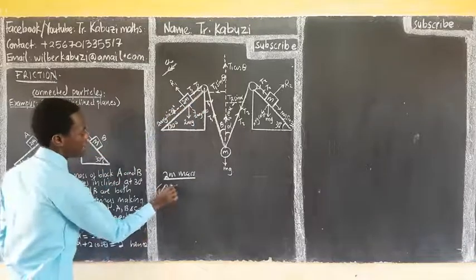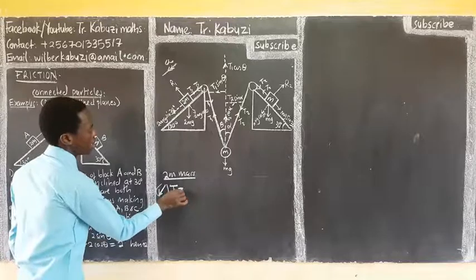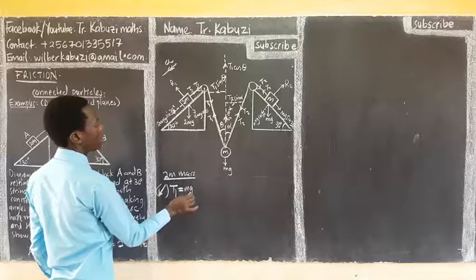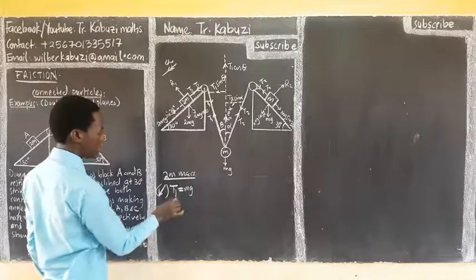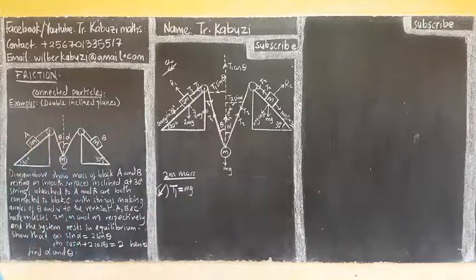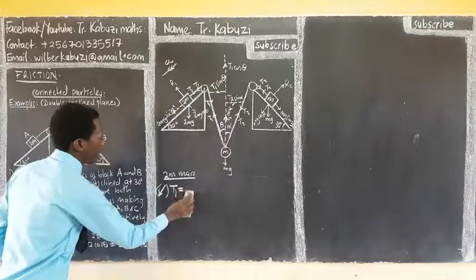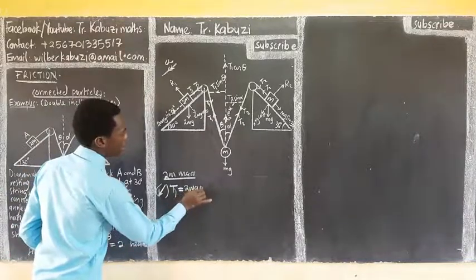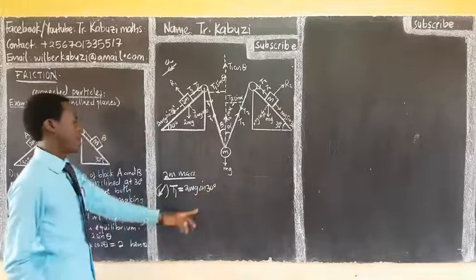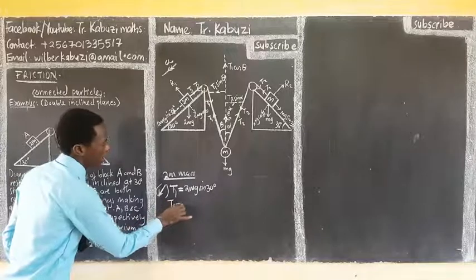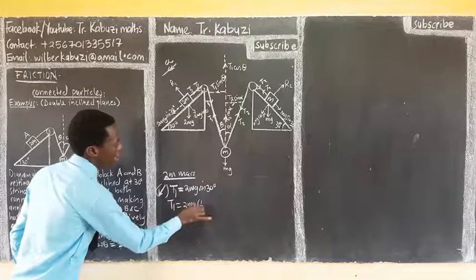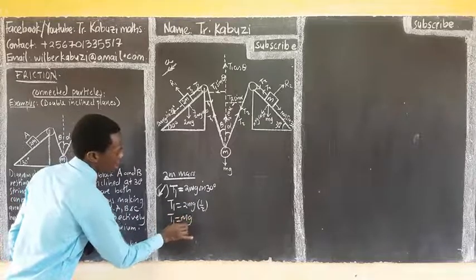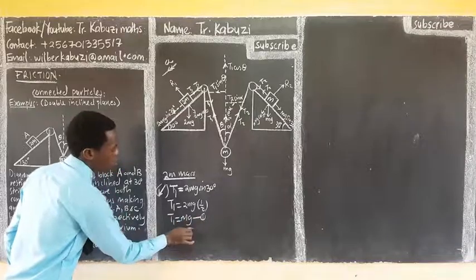So our T1 is going to be equal to this, 2mg sine 30 degrees. I know sine 30 is a half, so our T1 will be mg for this equation 1.